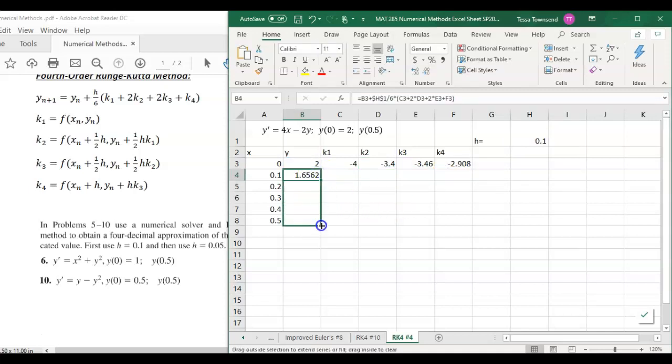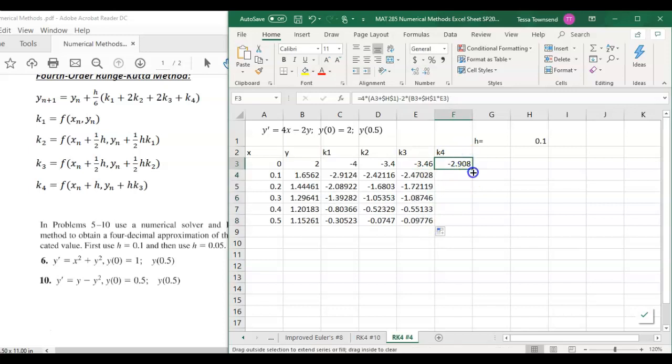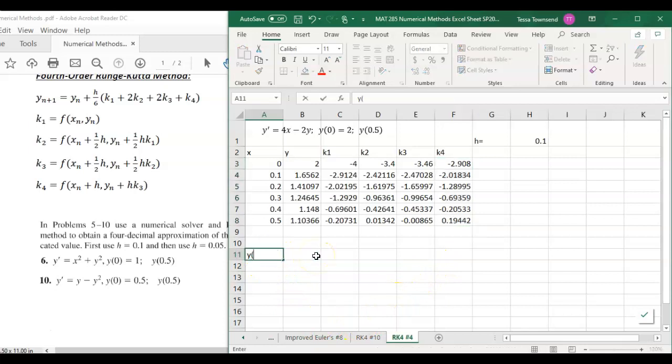So if we were to fill all the formulas down, our final answer is 1.10366, and that's at a step size of 0.1.